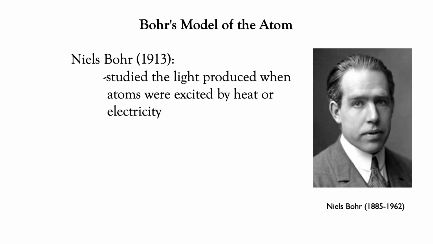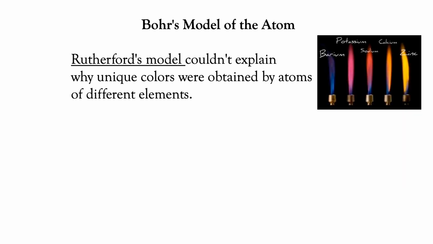Niels Bohr studied the light produced when atoms were excited by heat or electricity, in 1913. Rutherford's model couldn't explain why unique colors were obtained by atoms of different elements.